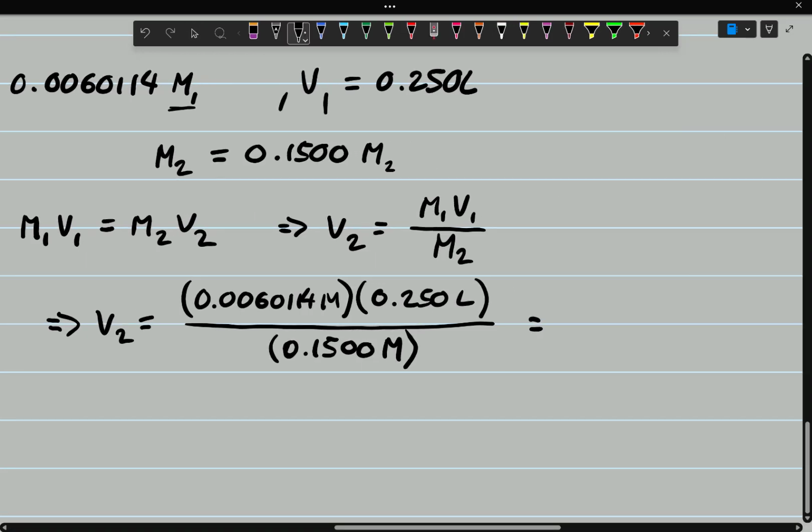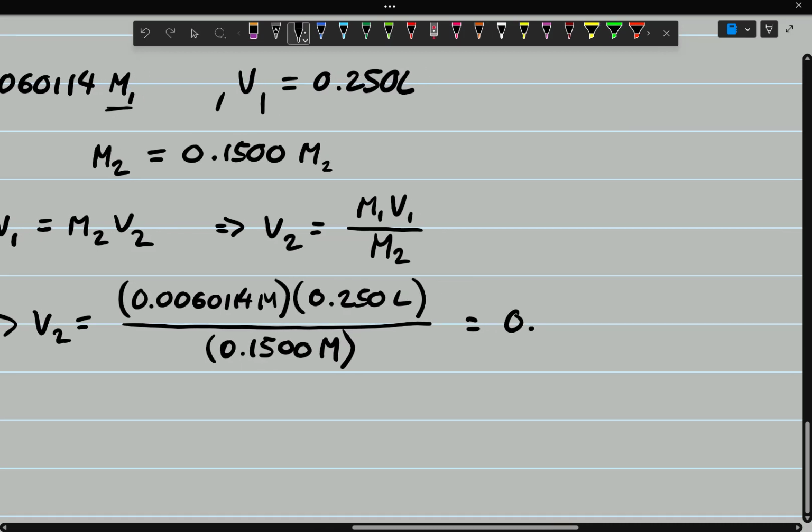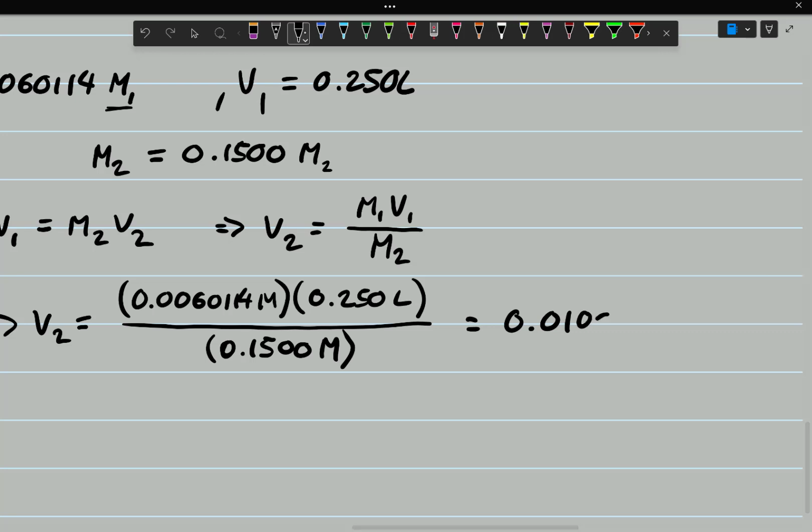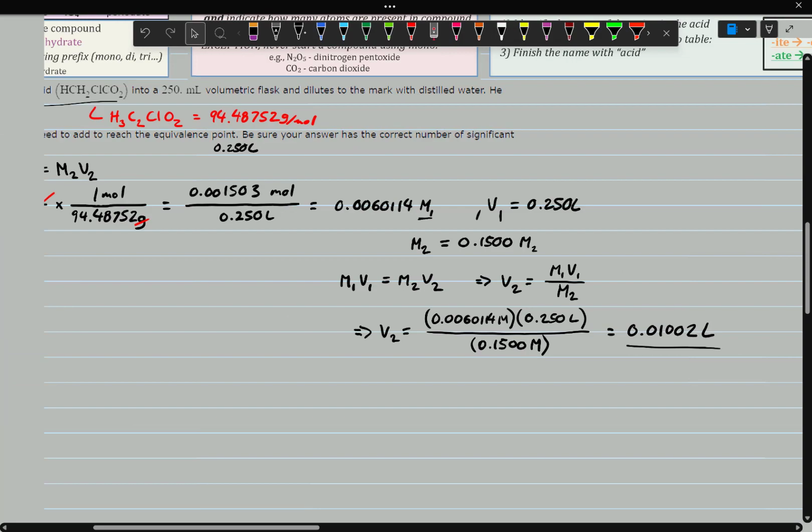And if you plug that into a calculator, you get 0.01002 liters, and that is the volume.